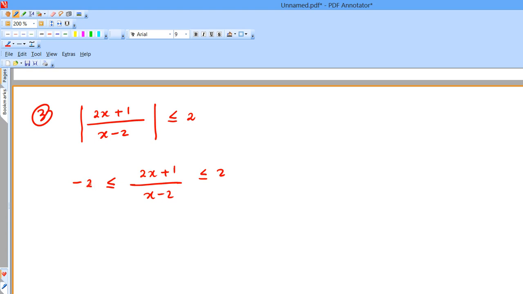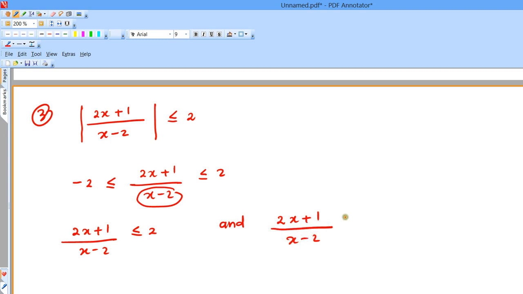But we can't solve it directly. We can't multiply by x - 2 because it is unknown, we have a variable here. So what we can do is split the inequalities. The first one is (2x + 1)/(x - 2) ≤ 2, and another one (2x + 1)/(x - 2) ≥ -2.